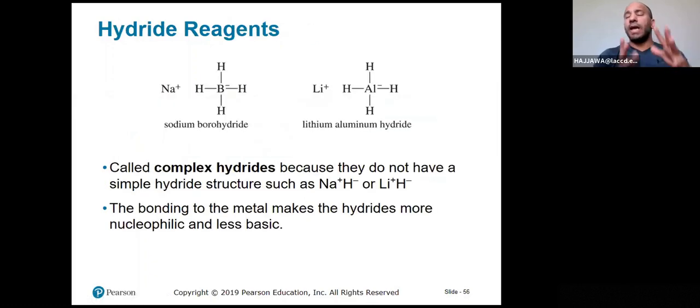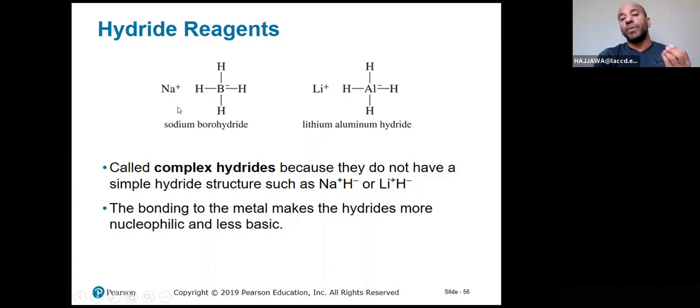So the reagents that we use to reduce carbonyl structures usually are hydride reagents. So they do have an H minus, and the presence of the metal, sodium and lithium, is going to make the H more of a nucleophile than a basic hydride. So if you would use sodium hydride or lithium hydride, these are usually used to deprotonate an acidic hydrogen.